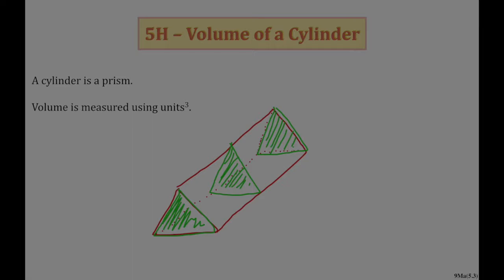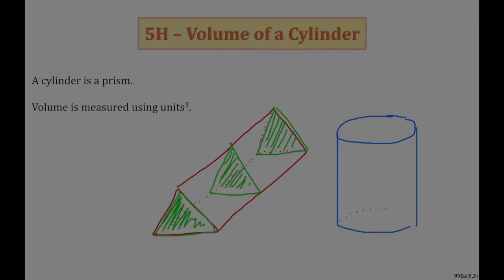Now, it doesn't matter whether it's rectangular or triangular or some other shape. But the moment you do something like this, let's join that up. And this is called a cylinder.